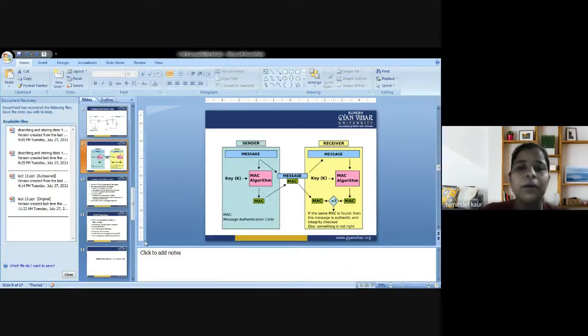If both the MACs match, then the receiver can safely assume that the message was not tampered with during transmission, and data integrity is achieved. However, to allow the receiver to detect replay attacks, the message itself must contain data that assures that this same message can only be sent once.